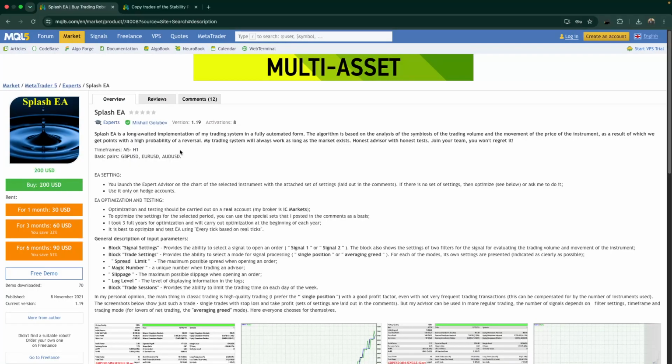Now let's get right into the mechanisms and the workings, the strategy behind the Splash EA. Now this EA combines rising volume detection using an averaging period and trigger ratio with price movement confirmation over a set period and distance. Now when both conditions align, it enters the trade and waits out till the trade is closed.